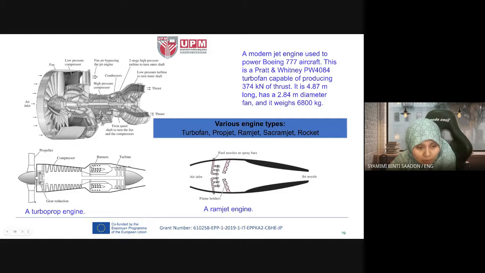The turboprop can also be used for helicopters. Here we add a propeller instead of a fan. We have the propeller, and then the compressor and burner are the same. This is a ramjet engine, which we seldom use. We focus on turbojet, turbofan, and turboprop.